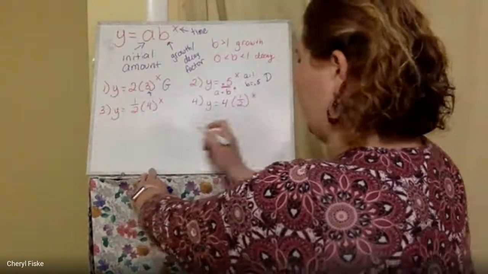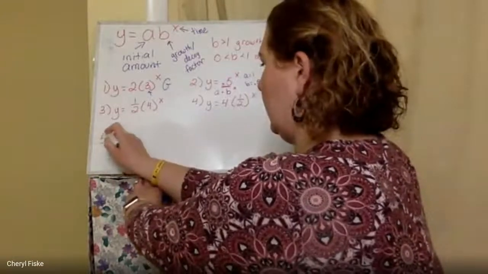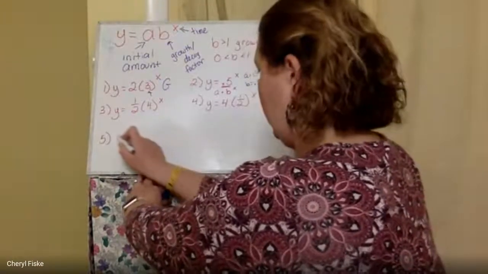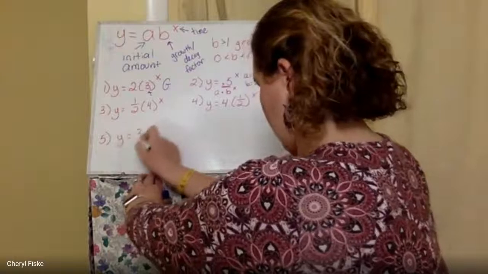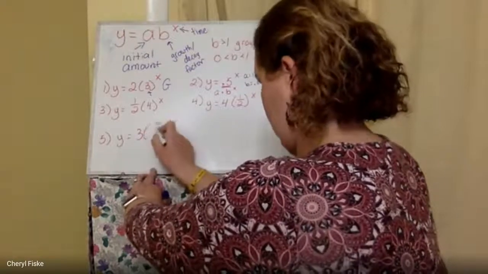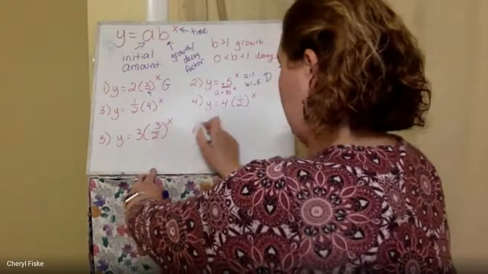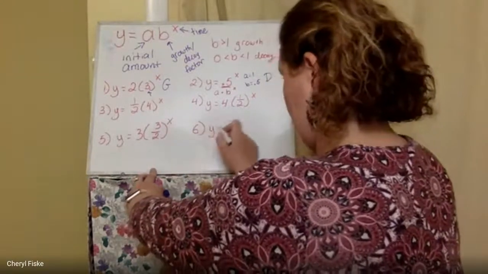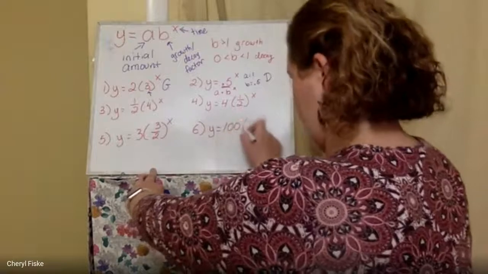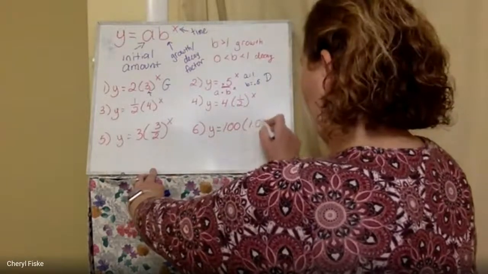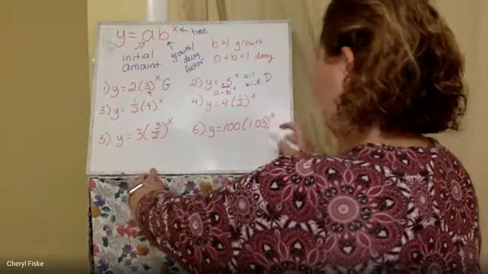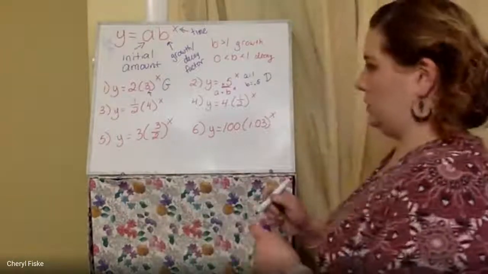I'll give you a second to try them. Number 5. Y equals 3 times 3/2 to the x. And number 6, y equals 100 times 1.03 to the x. So let's think about those.